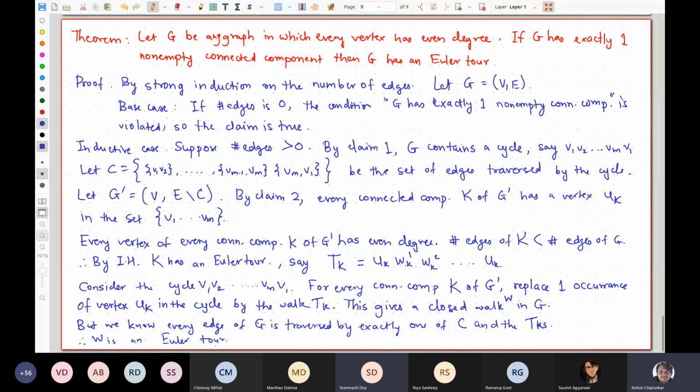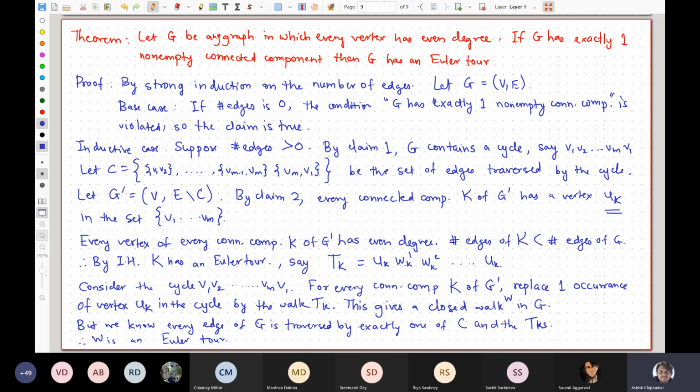Sir, what was the UK we had taken? Every connected component K of G prime has some vertex UK in the set V1 through Vm. If there are more, we choose one arbitrarily. It doesn't matter. Every connected component touches the cycle.